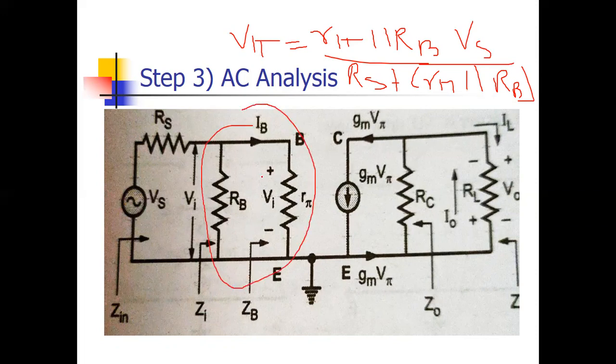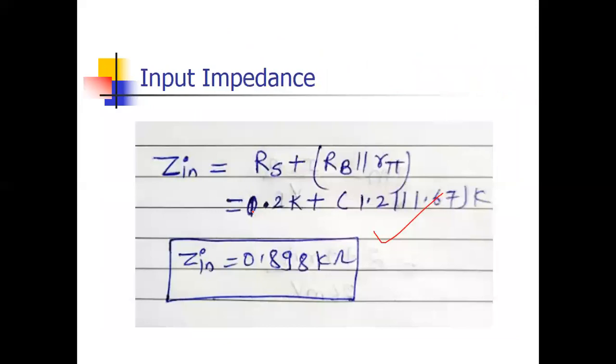Suppose this is R2, it can be upper, it can be lower. So v pi is RB parallel R pi upon RS plus RB parallel R pi, into Vs. This is the voltage division rule.